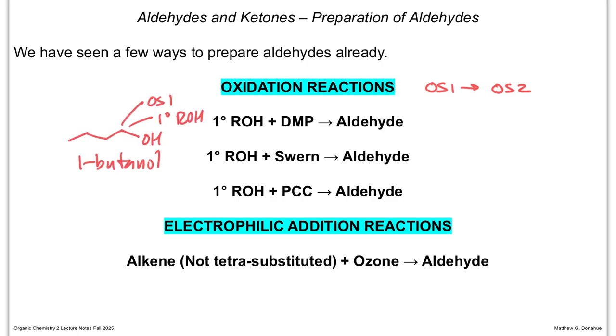We learned 3 different conditions: Dess-Martin periodinane, Swern, and PCC. Any of those conditions will take that carbon to oxidation state 2. The hybridization then changes to sp2, and they're forming an aldehyde. So just be familiar with how those reagents affect that overall transformation.